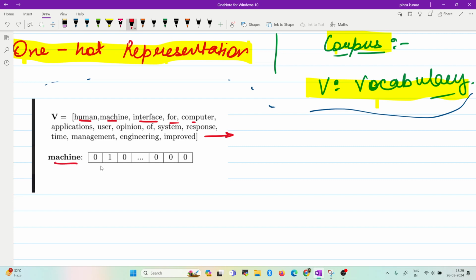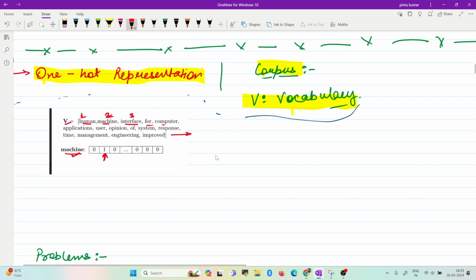You will number these positions: first position is human, second position is machine, third position is interface. If your word is machine and it is listed at the second position in your vocabulary, you will have one at the second position and zero elsewhere. This is known as the one hot representation. This way you can find the representation of every word in your vocabulary.